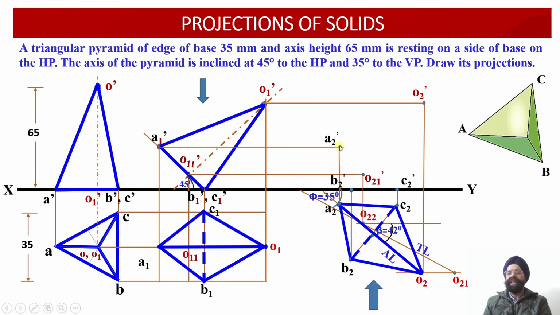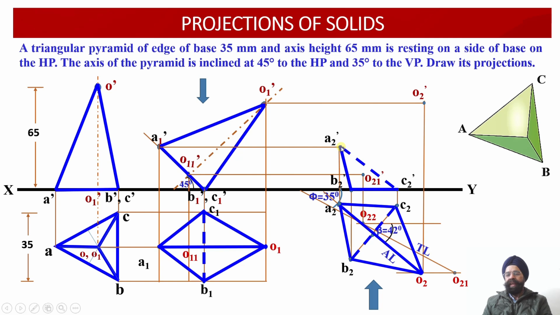Now which are the points or the edges we want to join? A2 dash, B2 dash and C2 dash need to be joined. O2 dash with A2 dash, O2 dash with B2 dash, and O2 dash with C2 dash also need to be joined. So let us join the points in the elevation.